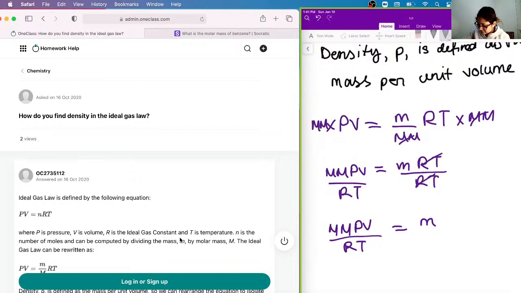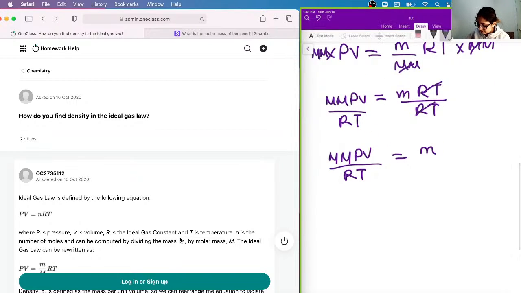And so we're almost there. We just now need volume, and to move volume to the other side, we would divide this by V also.